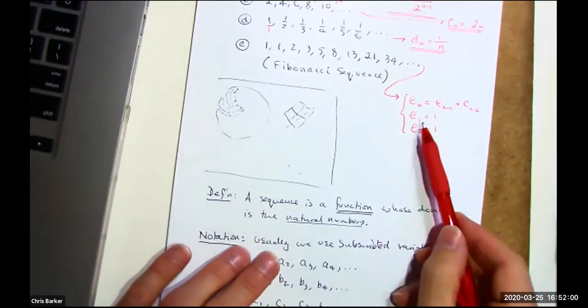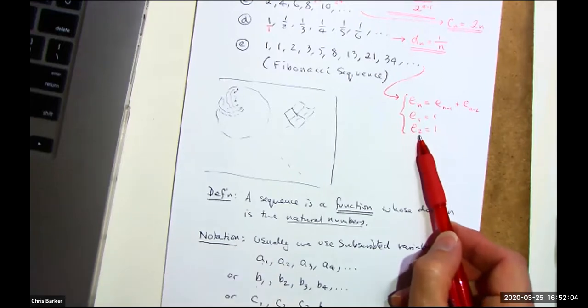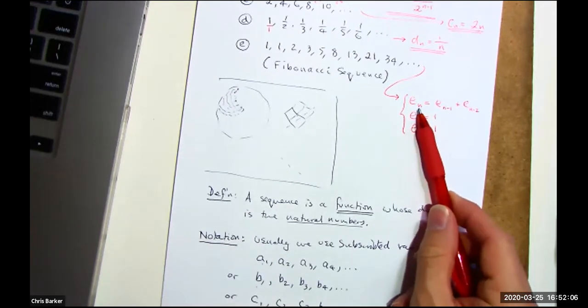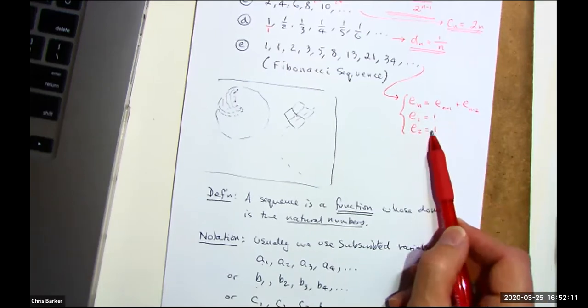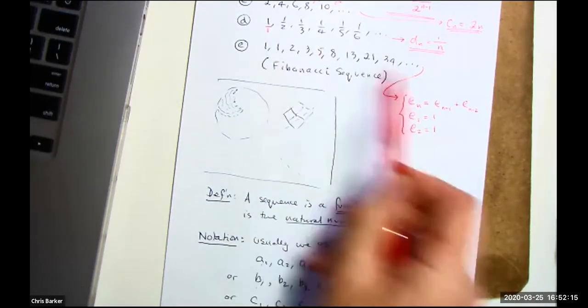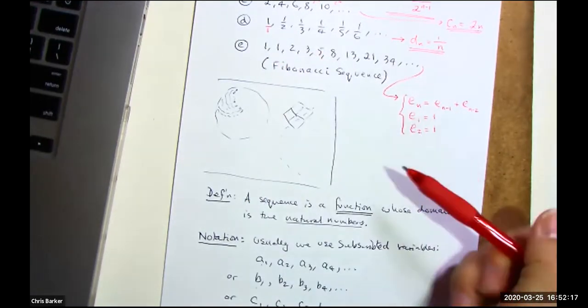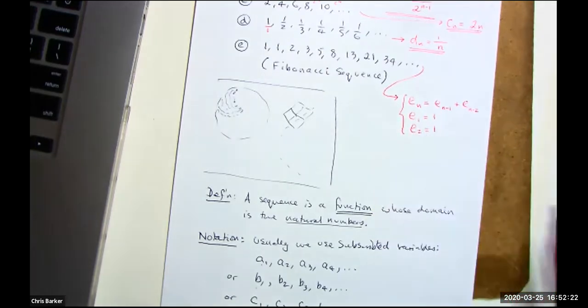So now that I've explicitly given the first and second term, it is okay to ask what's the third term, because E sub 3 would be E sub 2 plus E sub 1, and that would be these two added together, which would be 2. So that's the third term. So you need all of that. With a recursive sequence, you need what are called initial conditions.